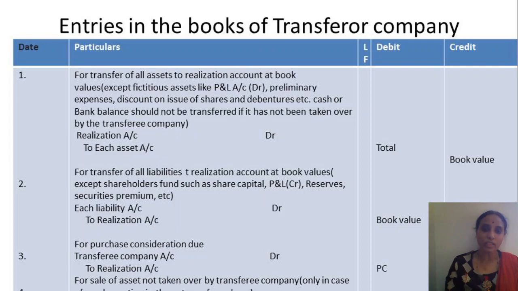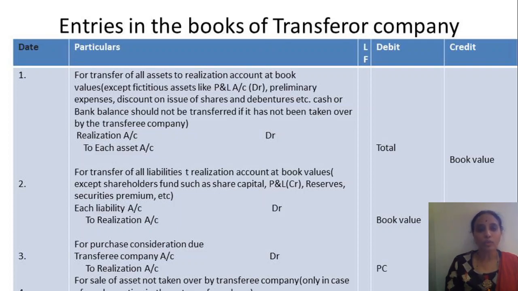So if an asset is not taken over and that asset is sold by the transferor company, then for that sake the entries should be made in the books of the transferor company. So this entry arises only in case of amalgamation in the nature of purchase. So what is the entry? Bank account debtor to realization account.